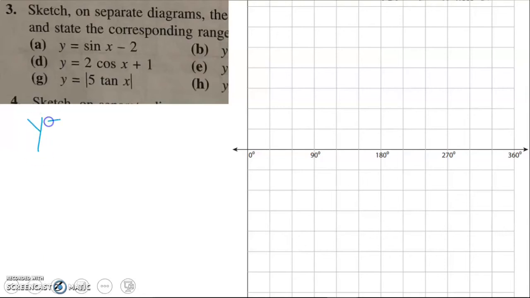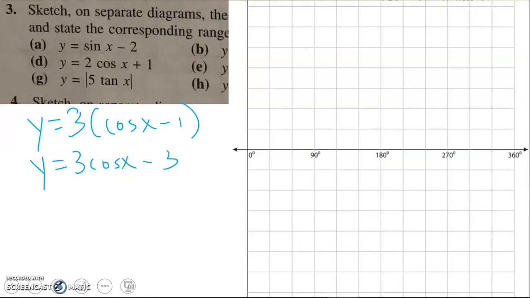Alright, so y is equal to 3 cos x minus 1. Obviously you need to, let's simplify here first. So this should look like 3 cos x minus 3. Now let's go ahead and label our a and b. A is equal to 3, b is equal to negative 3.